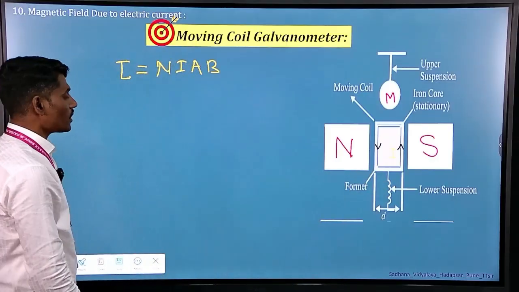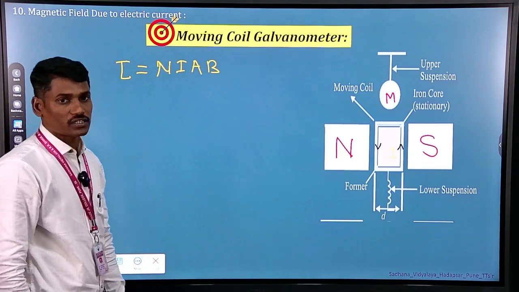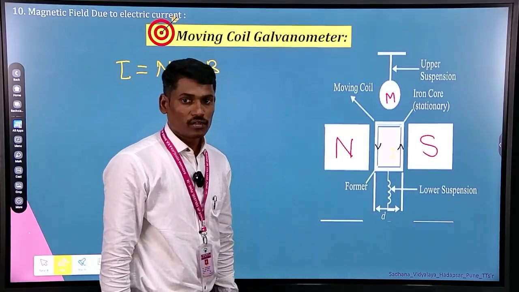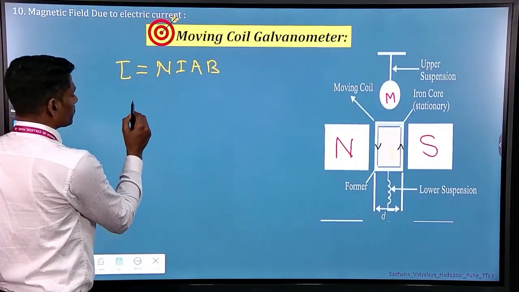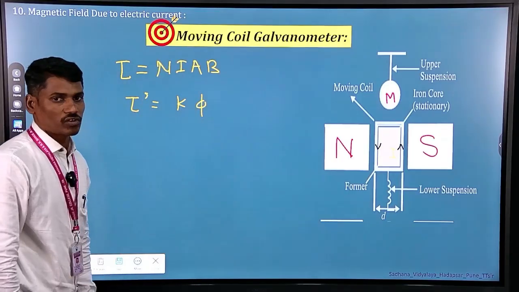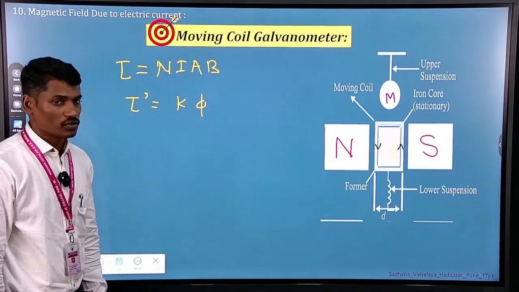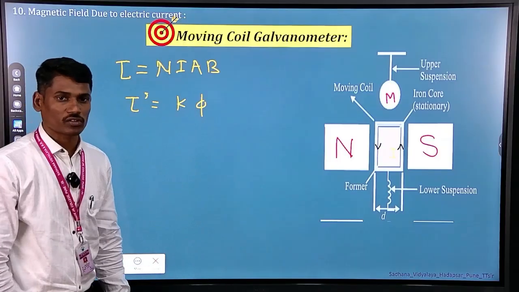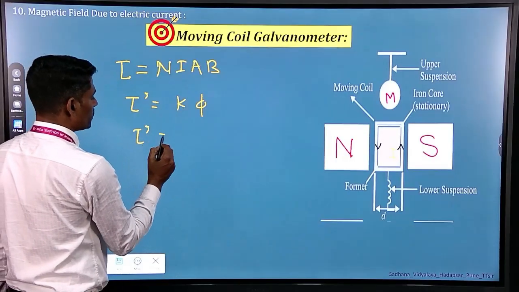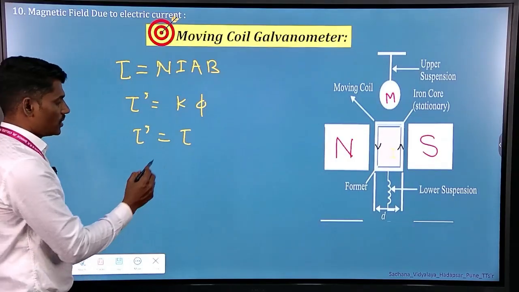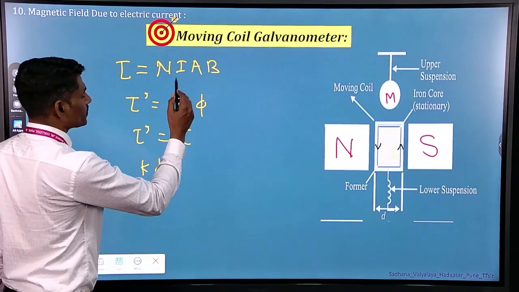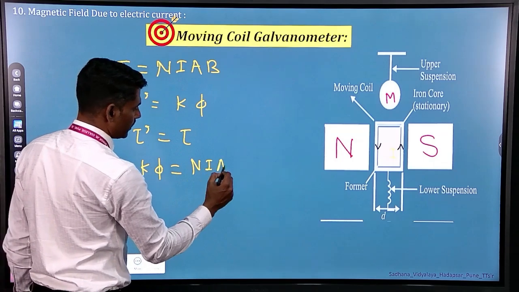Here this magnetic torque is counterbalanced by the torque generated in the spring, right. Now this torque is tau dash equal to K phi. Here K is called the restoring force constant and phi is the deflection of the coil. So here the torque tau dash is equal to the magnetic torque. Therefore the formula becomes K phi is equal to N I A B.